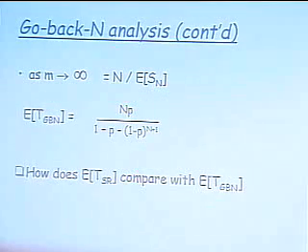So when you let m tend to infinity, you get n over expected value of S_n, and that is the expected number of transmissions in go back n. And you get this formula.